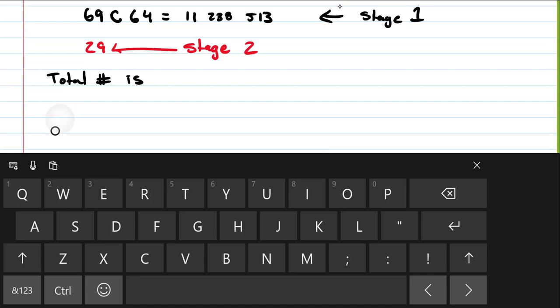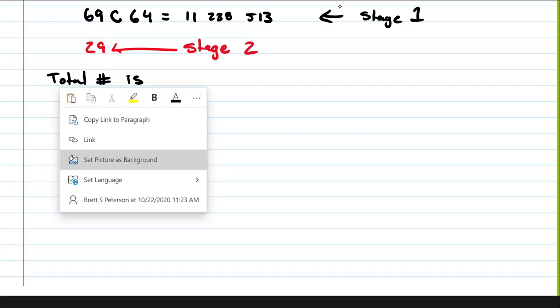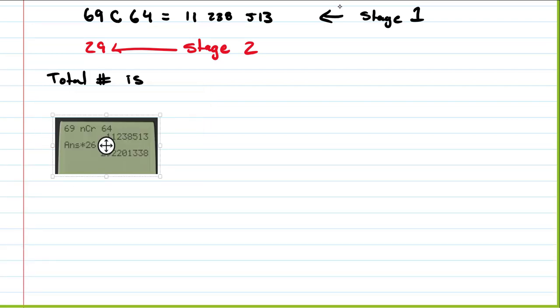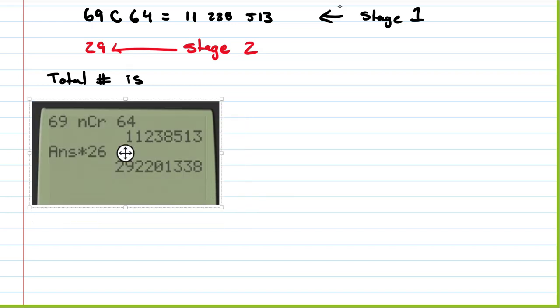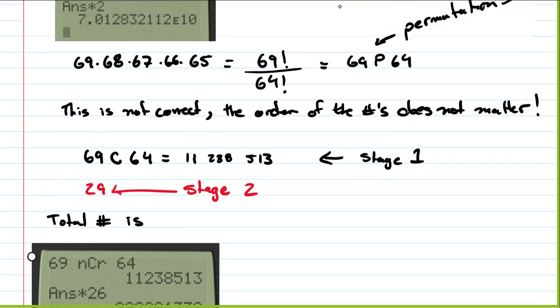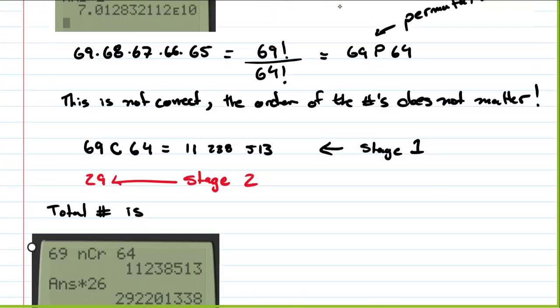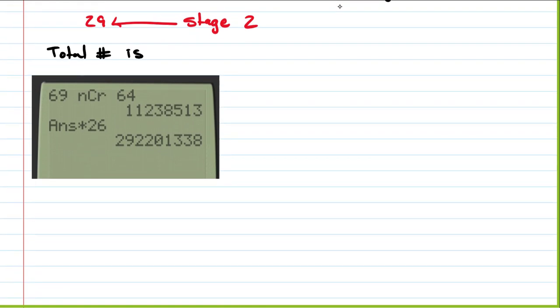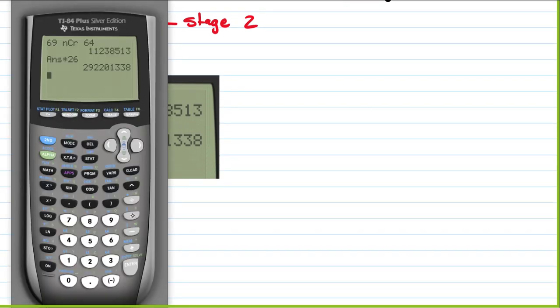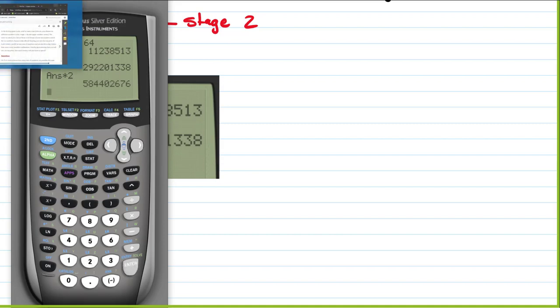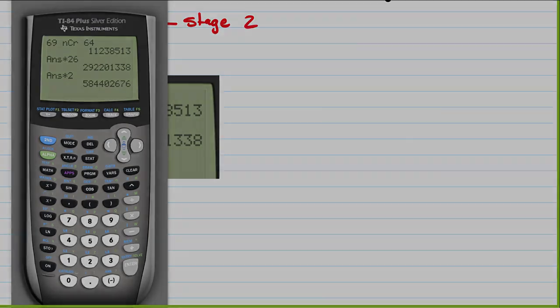It's not always so easy to tell whether or not we're using combinations or permutations, right? So we have to be really, really careful and decide, does the order matter? So that gives us our number of tickets. So then to buy all of them, we times that by 2, which would give us our cost for buying every Powerball ticket.